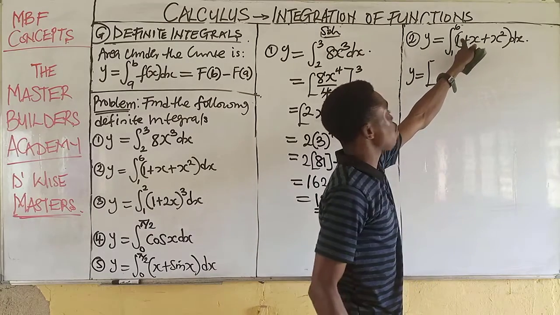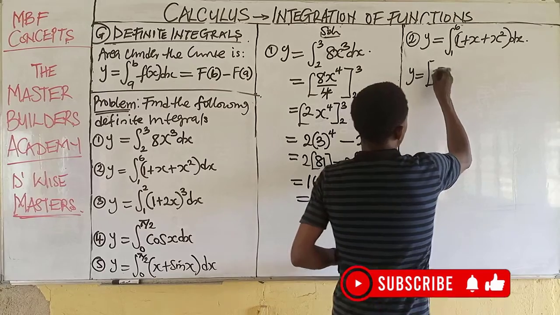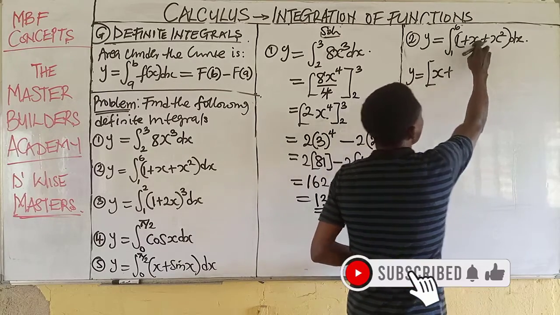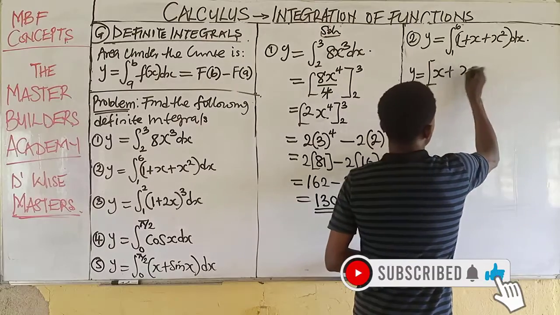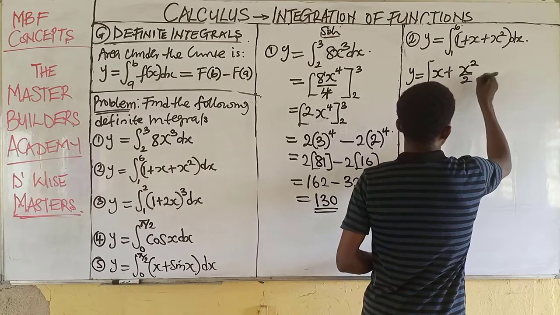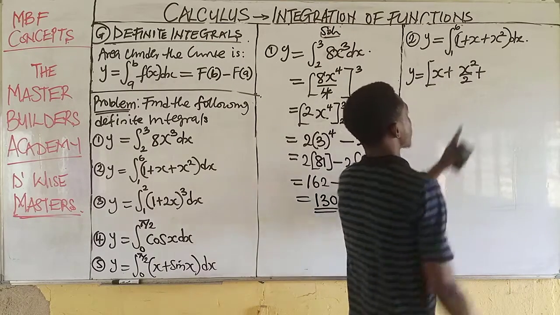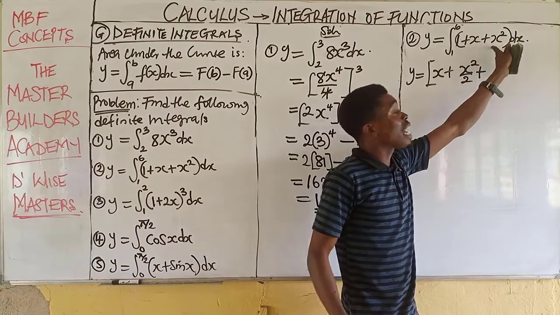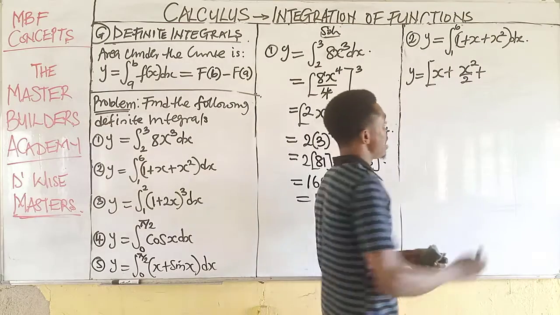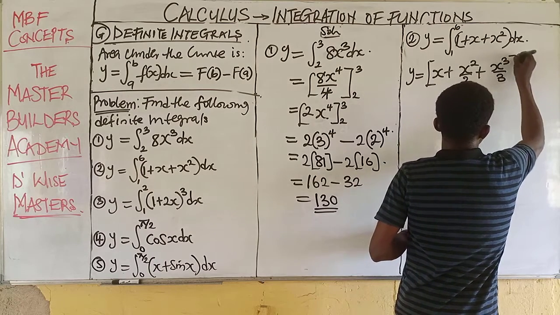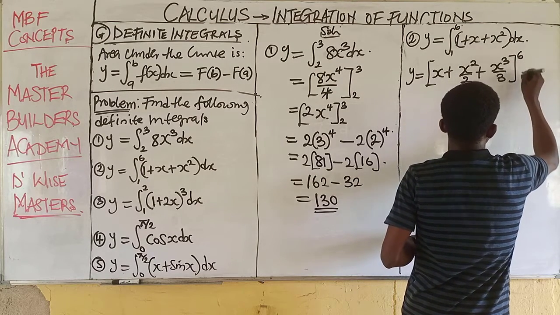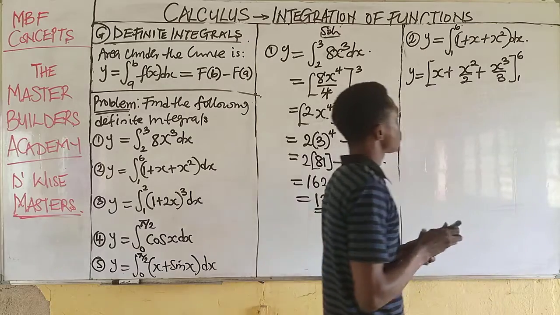And when we integrate 1 with respect to x, we have x. When we integrate x raised to the power of 1 with respect to x, we have x squared over 2. And when we integrate x squared with respect to x, we have x cubed over 3. Then place your upper limit and the lower limit.